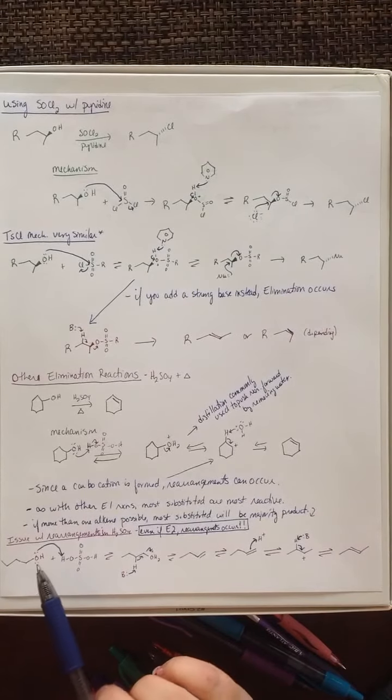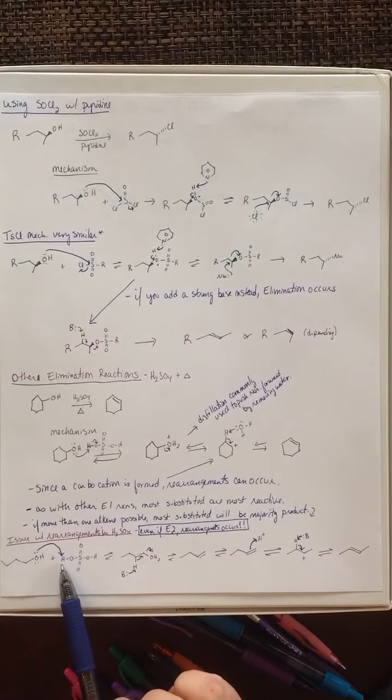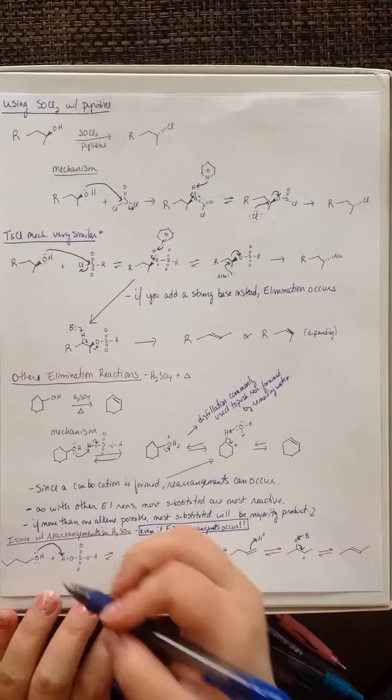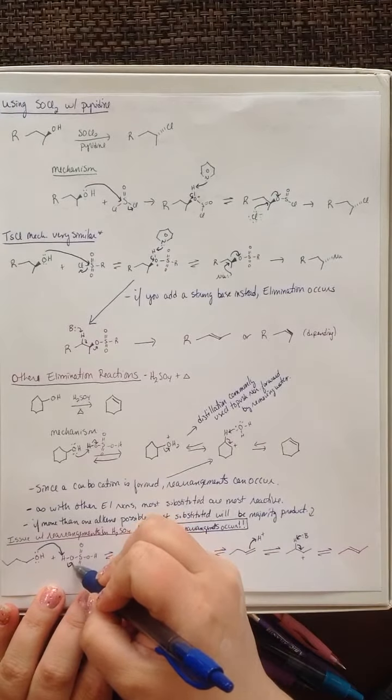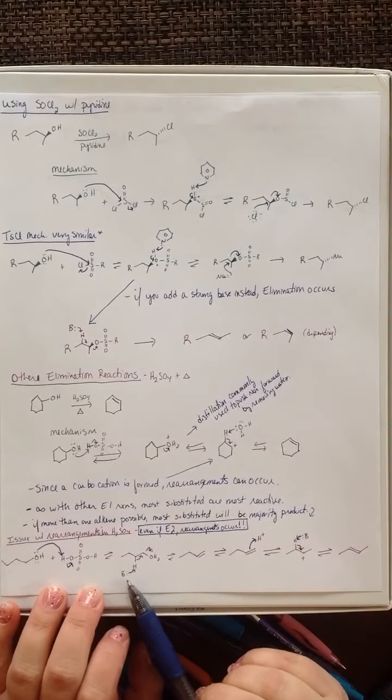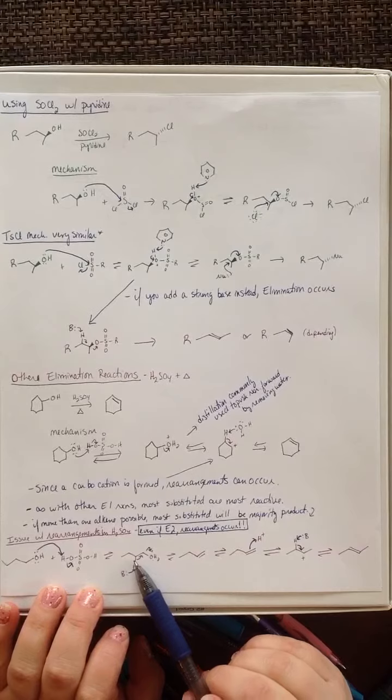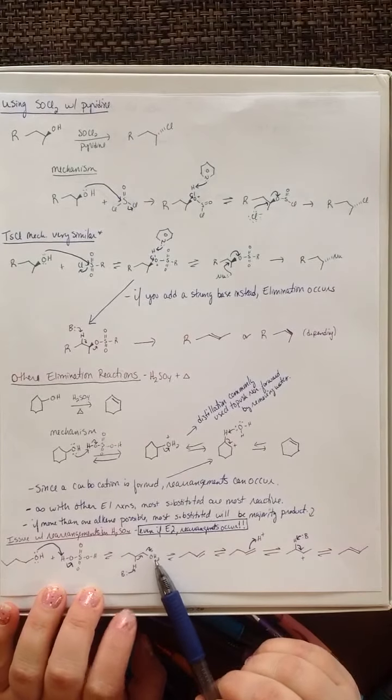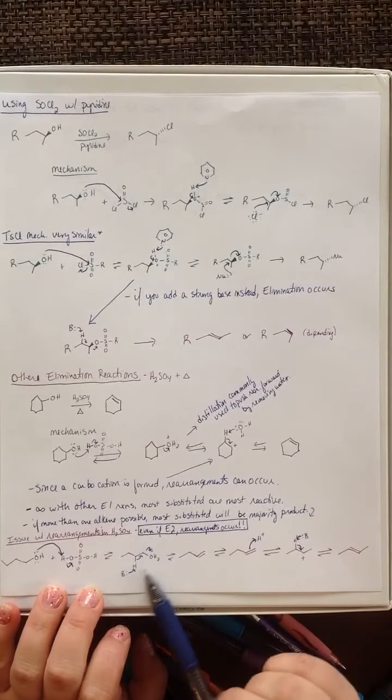Here's how that works. So again, you start with the OH coming in and grabbing a hydrogen. Electrons obviously go back to that oxygen there. A base could come in and abstract that hydrogen, electrons go back, that falls out. This would be if you have an E2 type of elimination.